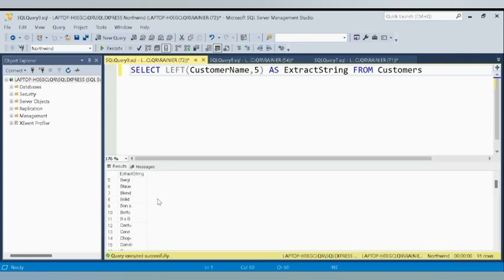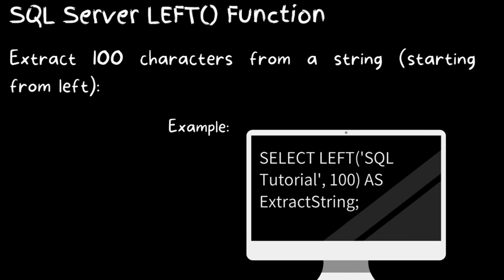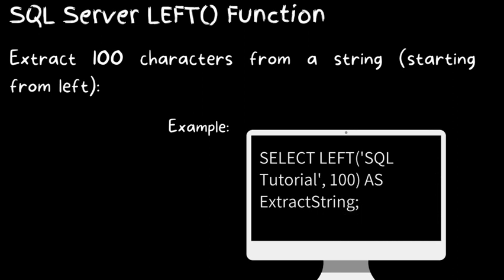As you can see in the result, there are 91 results from the Customers table, and only 5 characters from the left were displayed.